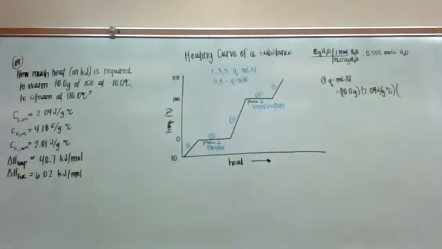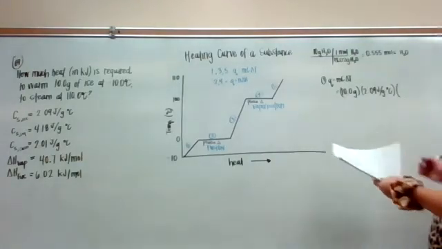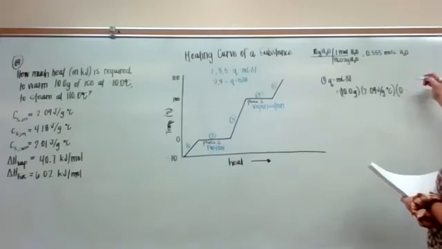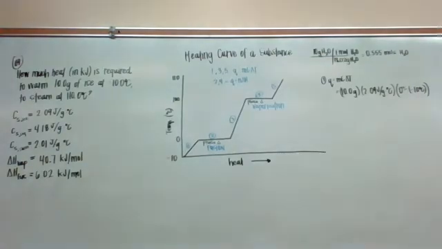And then my delta T, my final temperature would be what? Final temperature would be 0, because that's where I'm going to end. Minus initial, which was -10 degrees. So those two negatives cancel.